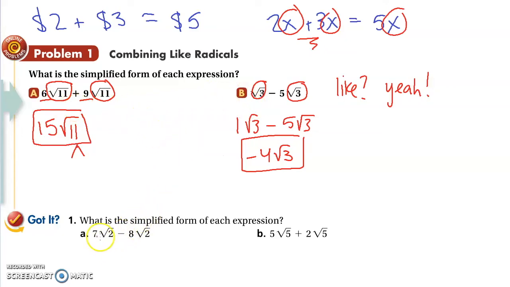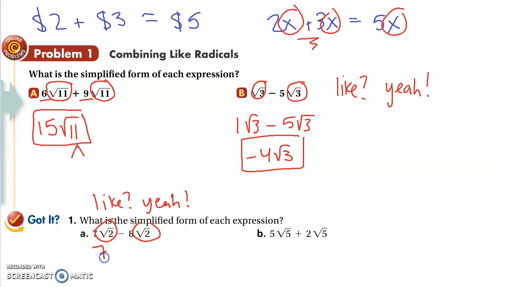Let's go ahead and look at this example for Got It question number 1. What is the simplified form of each expression? So the first thing I'm checking is, are they like? I have 7 square root 2 minus 8 square root 2. Are they like? Yeah, they are.